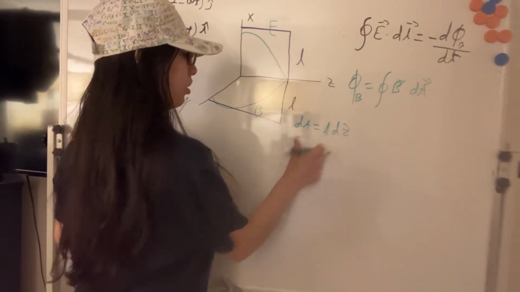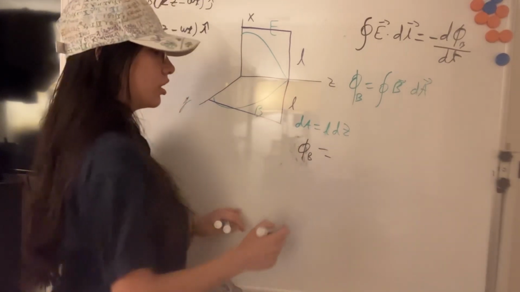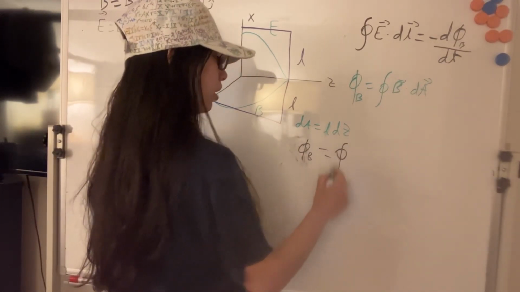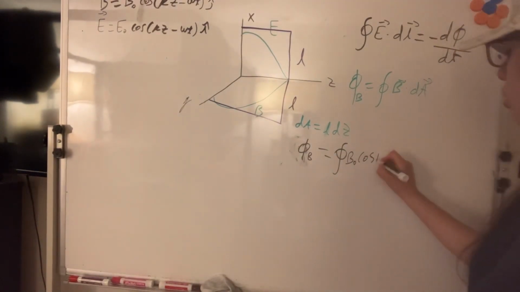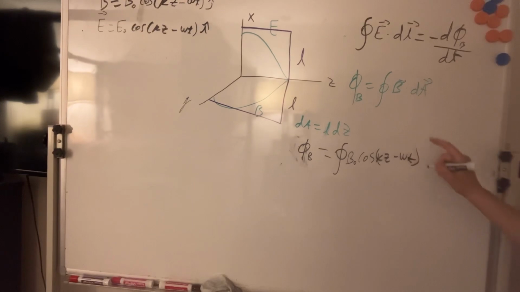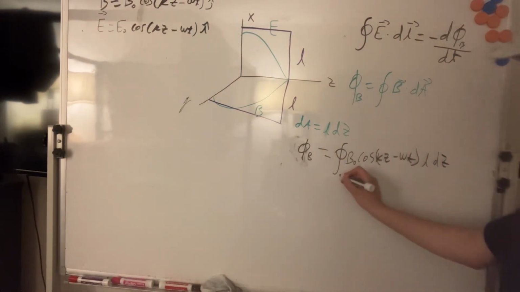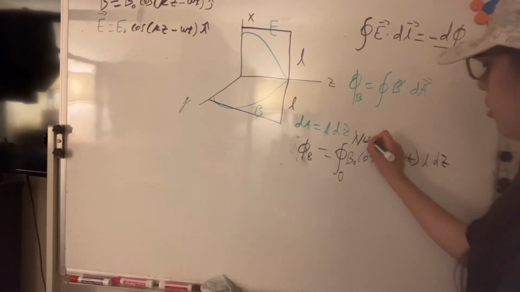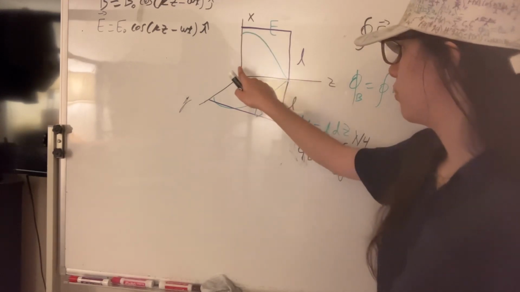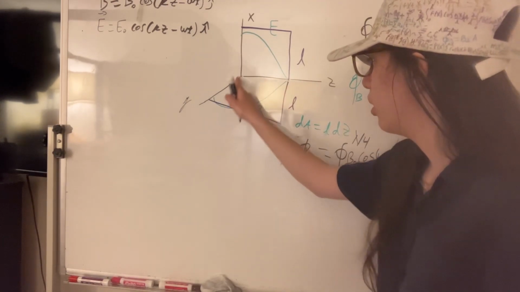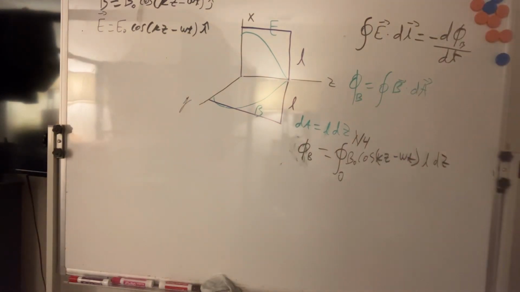Magnetic flux is equal to the integral of B sub 0 cosine of (k c minus omega t) dA, that is L dc, and this goes from 0 to lambda over 4. Here this is lambda over 4. From here to here is lambda over 4.